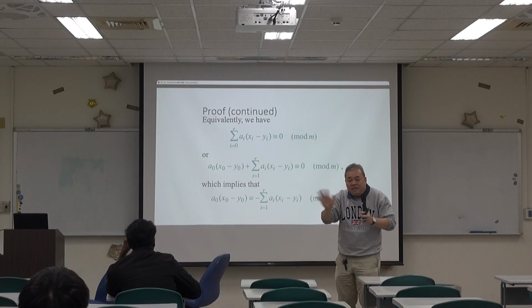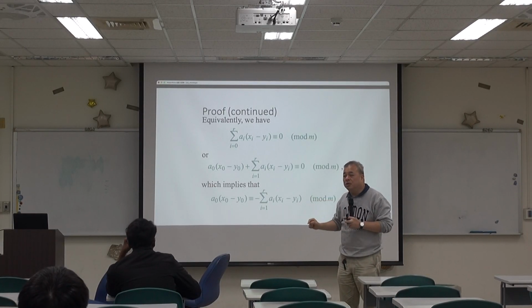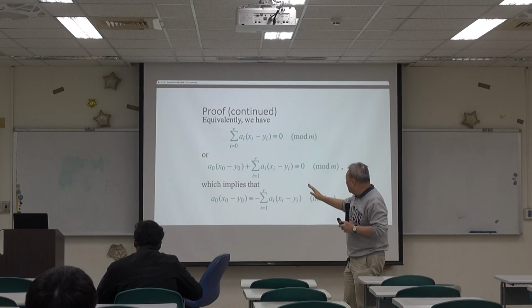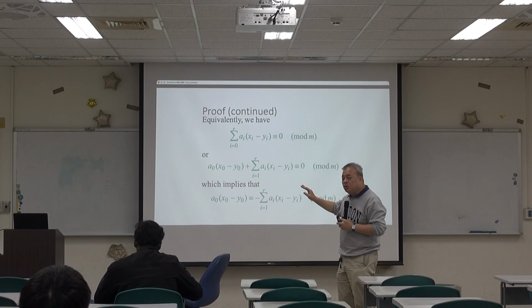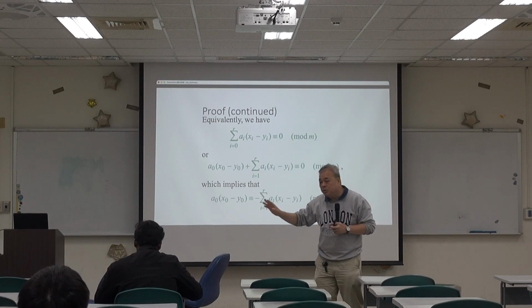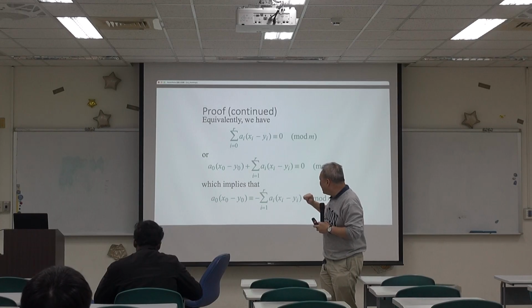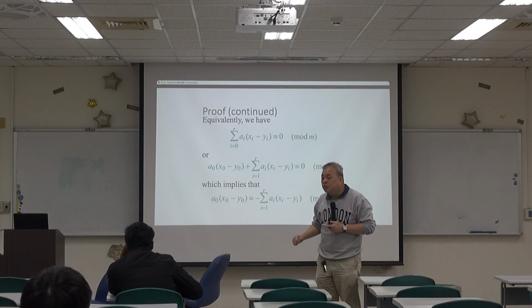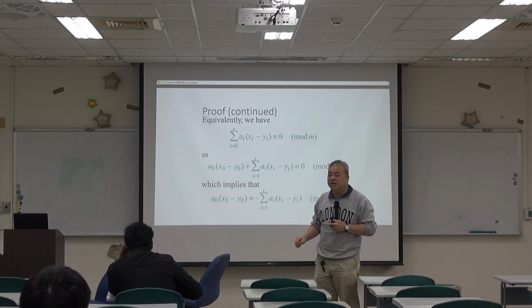I'm not saying a_0 is not 0. I'm just saying x_0 minus y_0 is not 0. As for whether or not a_0 is 0, we don't know. I'm not saying anything about a_0.